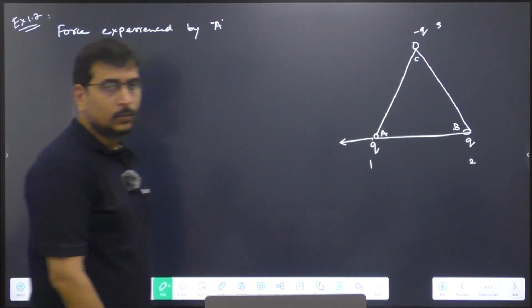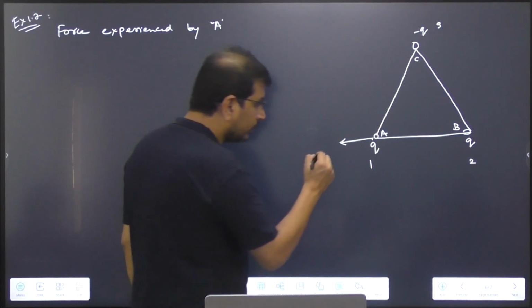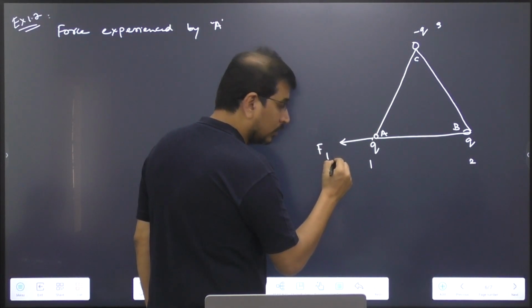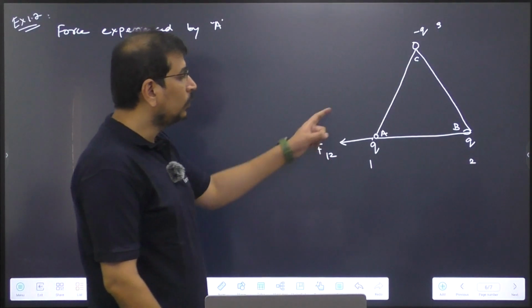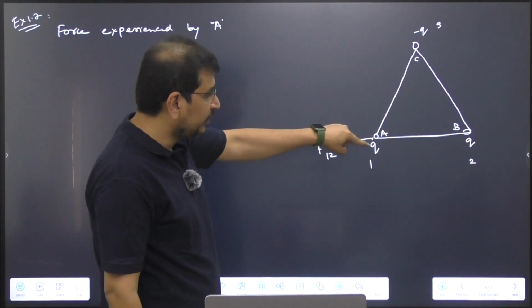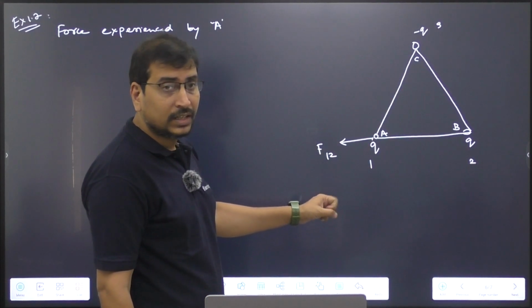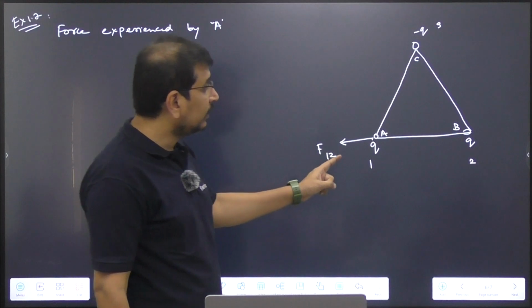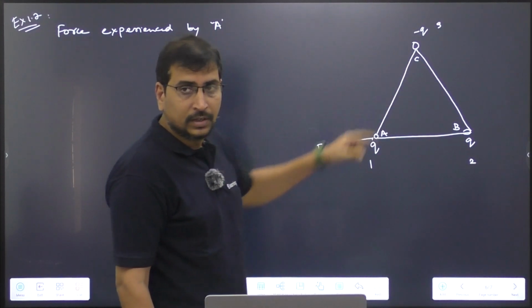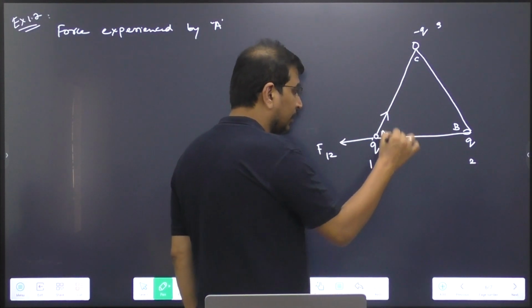Accepted. What is the name given to this? F12, correct. So what about the force experienced by this charge due to the charge at C? It will be an attractive or a repulsive force? Attractive means it is pulled towards this, means it should act in this direction.